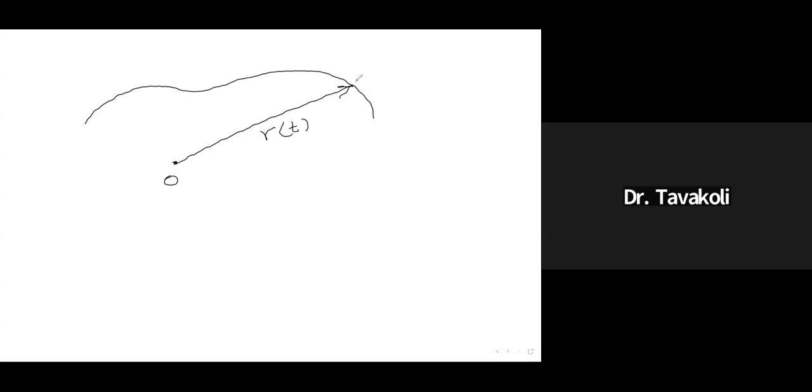In fact, the vector r prime of t at any t tells me the velocity. So if a particle is moving along this curve, r of t, which connects the origin to that point, tells us about the position of that particle, and r prime of t is the velocity. As you know, in this context, velocity is a vector. What is not a vector is the speed.